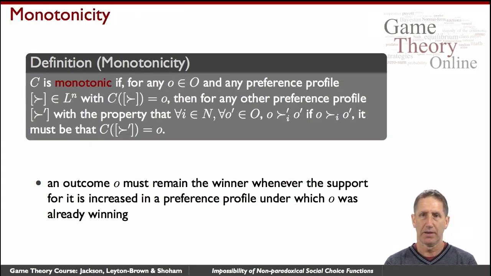In place of independence of irrelevant alternatives, we'll have the notion of monotonicity. Informally, as written here at the bottom, it says that if you have a winner, and we increase the support for that candidate, they would still remain a winner.